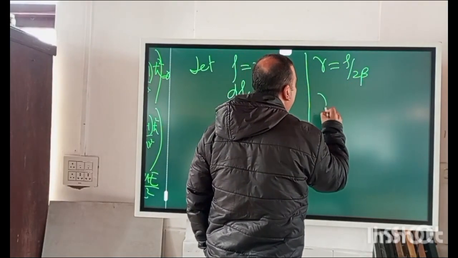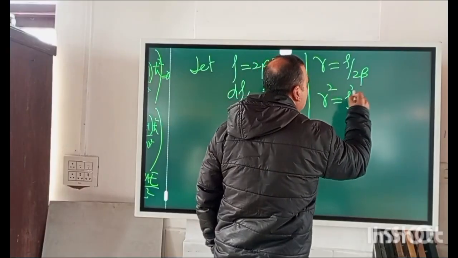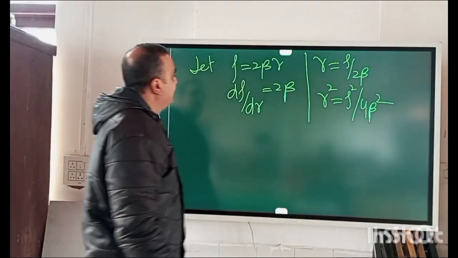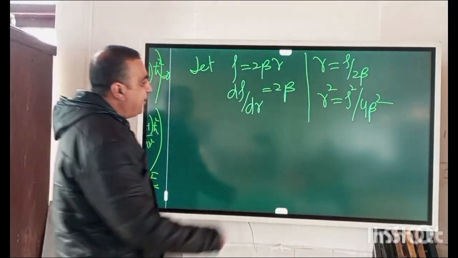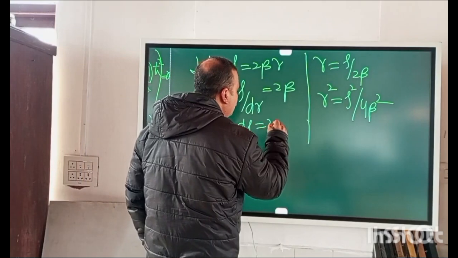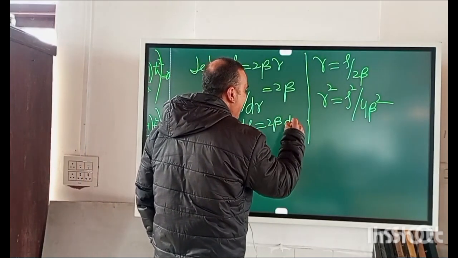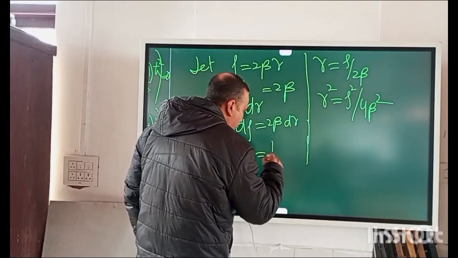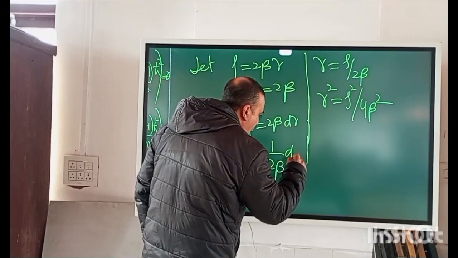And you can also think of r square as rho square by 4 beta square. Is this clear? And you can also think of d rho as 2 beta dr, or dr as 1 by 2 beta d rho.